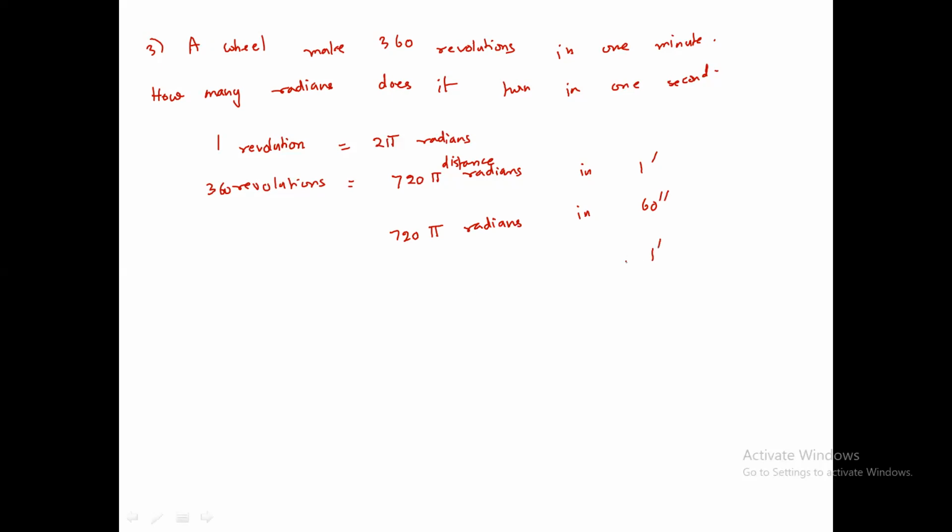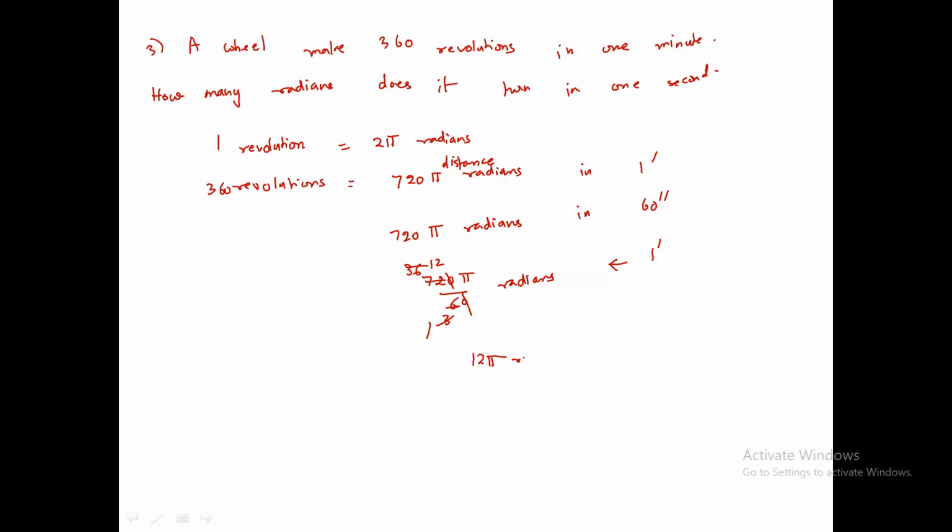So in 1 second it will move 720 pi by 60 radians. These two cancel. So how you can write this? 2 threes, 3 ones, 3 12s.